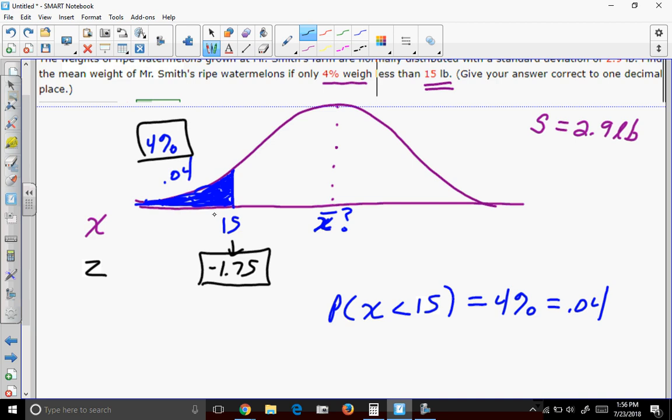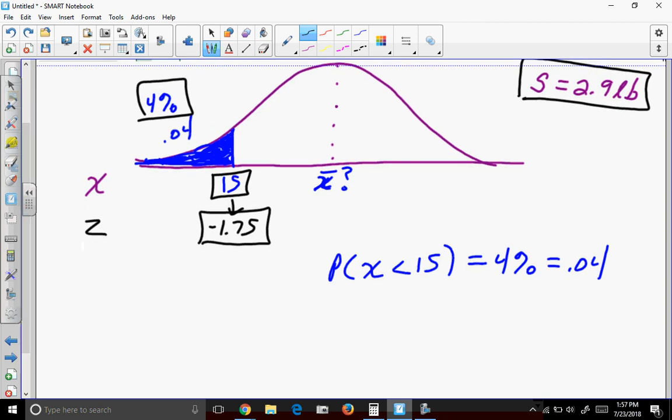So we know an X value, we know the Z value that goes with that, we know the area, and we know the standard deviation. Now remember, we have an equation that relates several of these. Z is X minus the mean over the standard deviation.